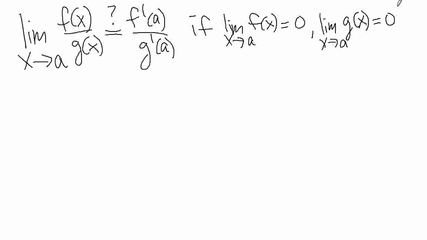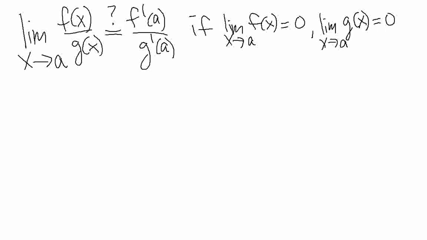So this is the situation we were up against when we did the limit of sine x over x, right? The top limit was 0, the bottom limit was 0, the fraction gave 0 over 0, so we were out of luck. This wonderful result is going to work.